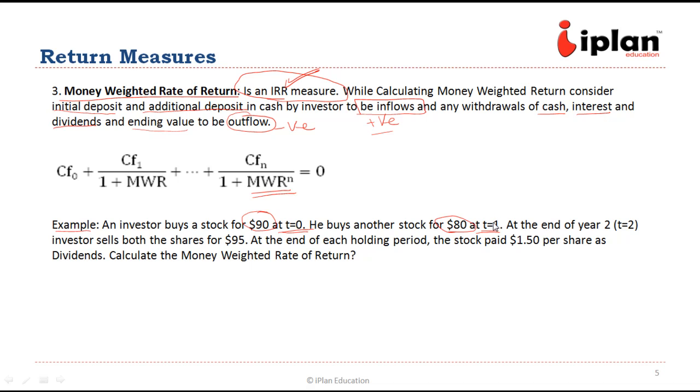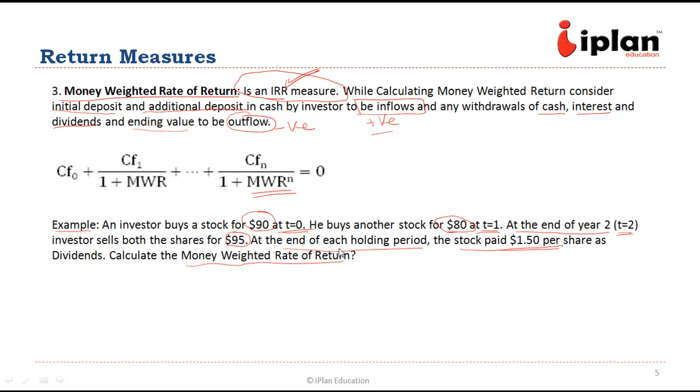At the end of second year, t equal to 2, he sells both of these shares for $95 each. In addition to that, it is given at the end of each holding period, that is t equal to 1 and t equal to 2, the stock paid $1.50 per share as dividend. So now we need to calculate the money weighted rate of return.